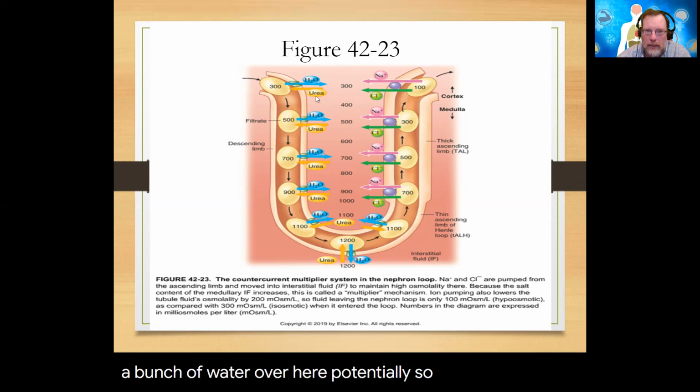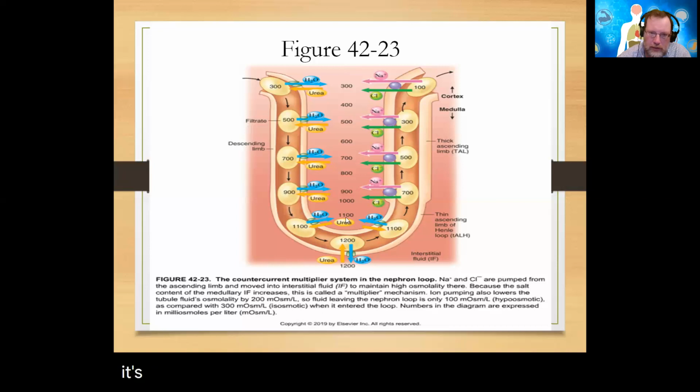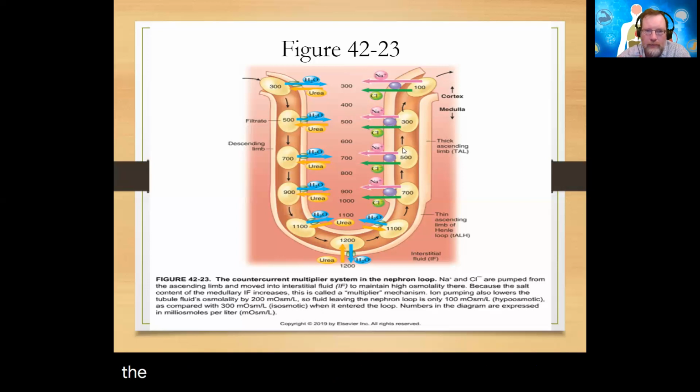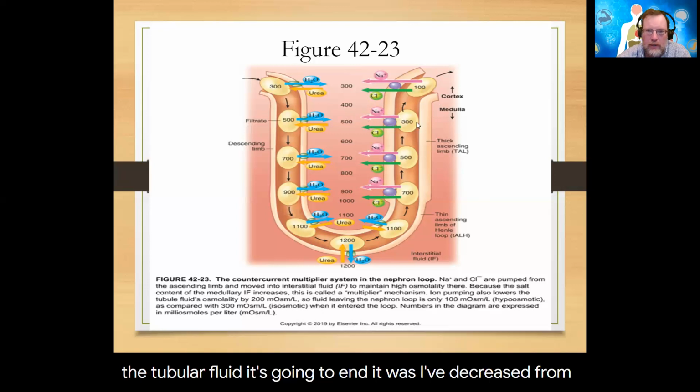So it looks like urea is pretty much done being secreted. Notice urea is out here; it's being secreted. So we're reabsorbing water. We're going to continue with moving sodium and chloride ions out of here. So eventually the osmolarity of the filtrate, or of the tubular fluid, is going to have decreased from 300 to 100.